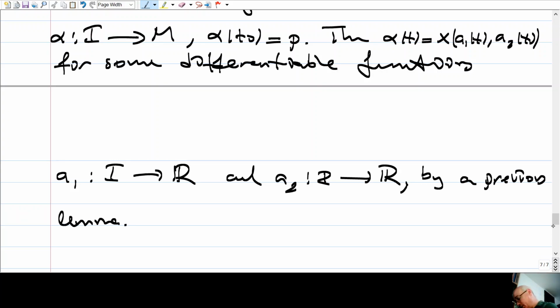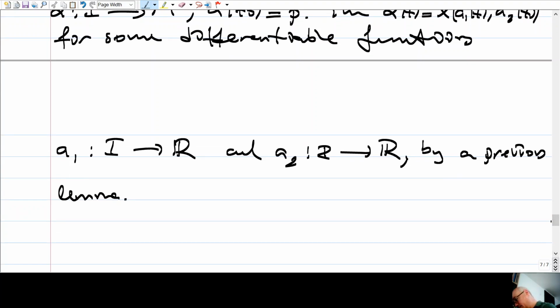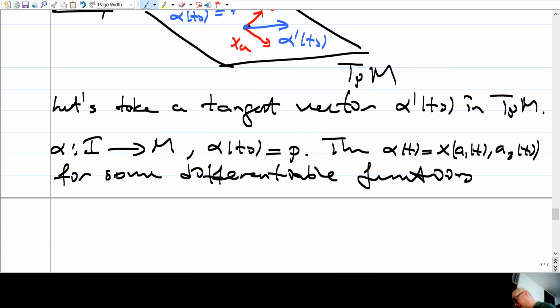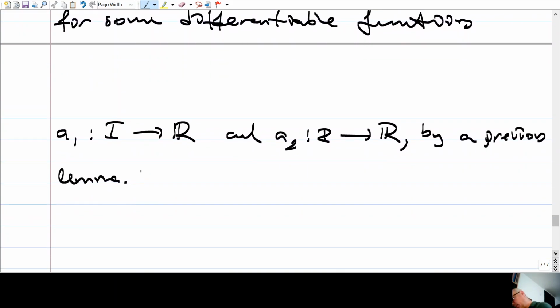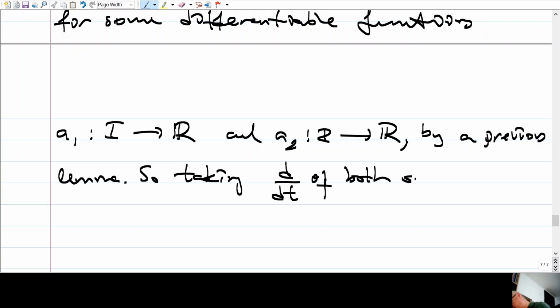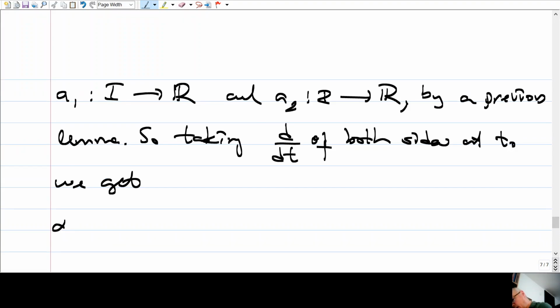Then we take the derivative of this expression with respect to t. Taking d/dt of both sides at t0, we get alpha prime t0, our tangent vector.